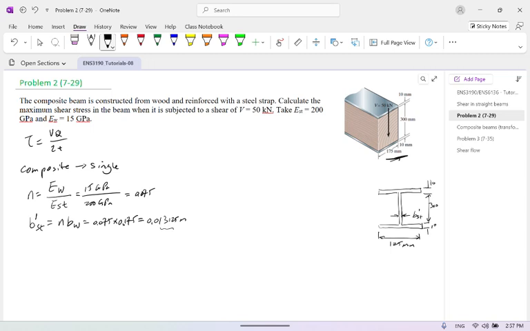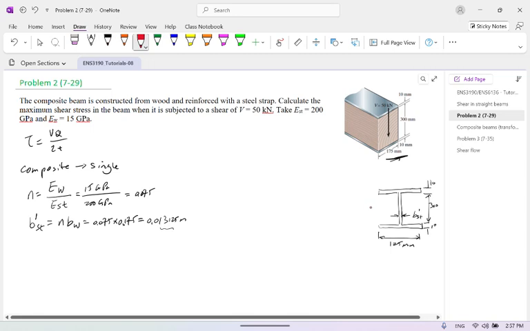Of course, for this I beam, the neutral axis will be at halfway. So that's how we work on the I after transformation.